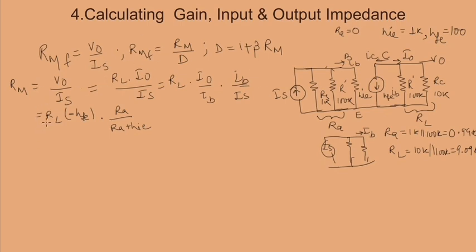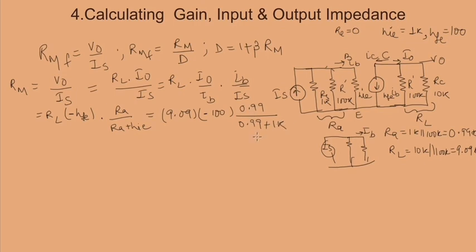So if we put all values here, RL is 9.09, right? Minus of HFE is minus of 100, and this RA upon RA plus HIE. So this will be 0.99 upon 0.99 plus HIE, which is 1K.